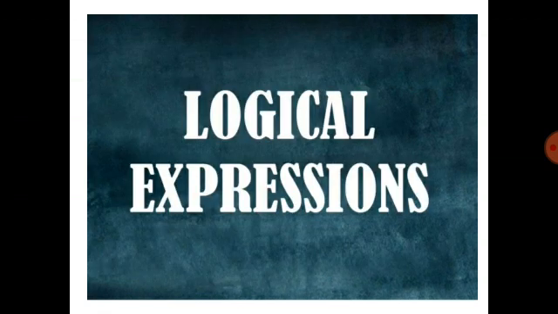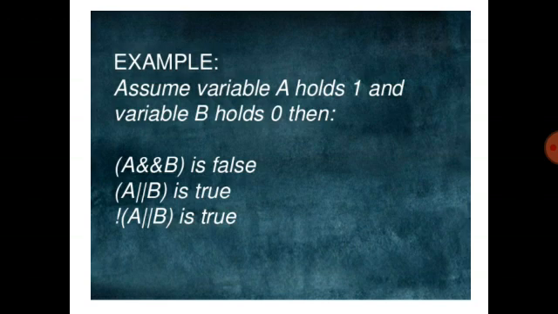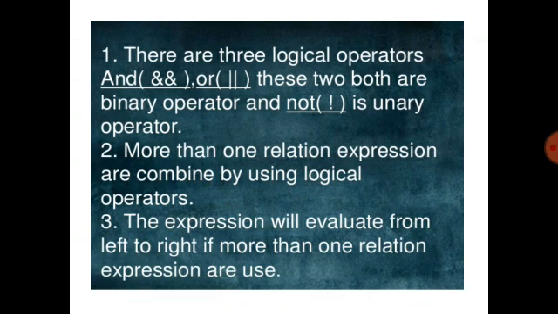The next one, logical expressions. Here we can assume variable a holds 1 and variable b holds 0. That is, a AND b is false, a OR b is true, and NOT of a AND b is also true. There are 3 logical operators: AND, OR, and NOT. AND and OR are binary operators and NOT is a unary operator.